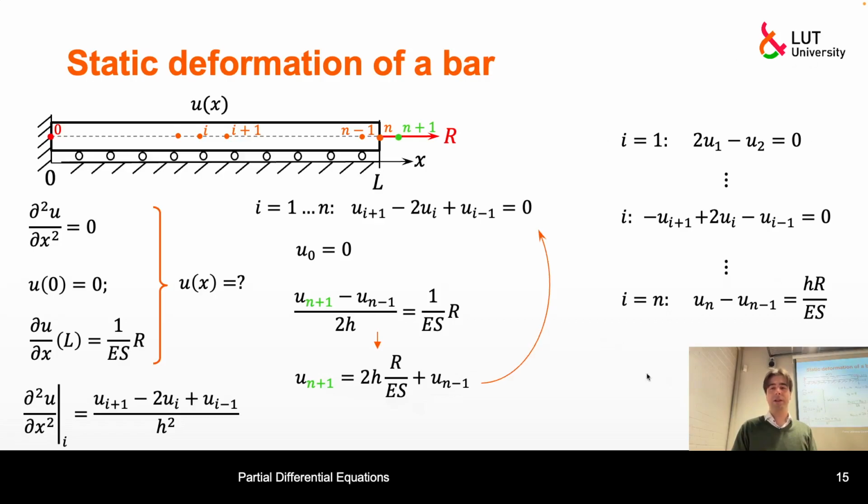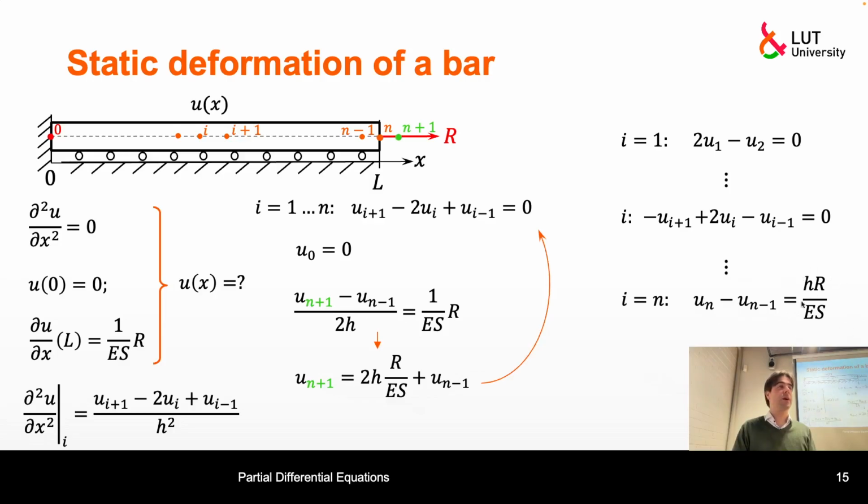Okay, so I summarized it here in the right side of the slide. So for i equal to 1, we have u0 equal to 0, so it's just 2u sub 1 minus u sub 2 equals 0. Then for any intermediate value of i, we have this equation, and for the last i equal to n, this right hand end, we have this type of equation.